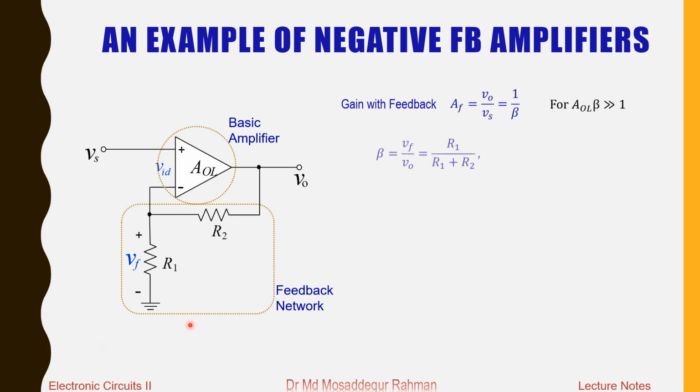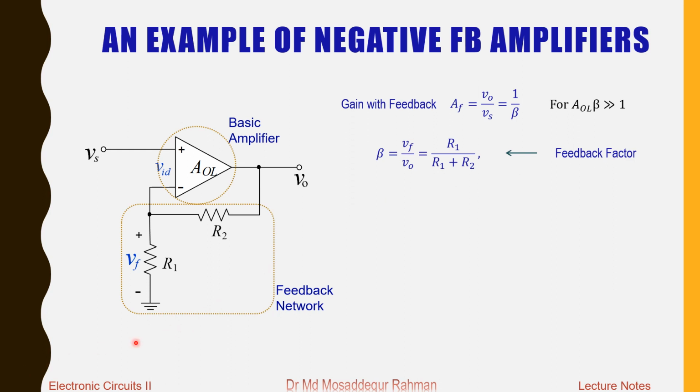Now the feedback factor is defined as the output of the feedback network, that is Vf divided by V0. And this is just a series combination of R1 and R2. If you apply the voltage division rule, Vf by V0 is given by this ratio, and that is what we call our feedback factor.